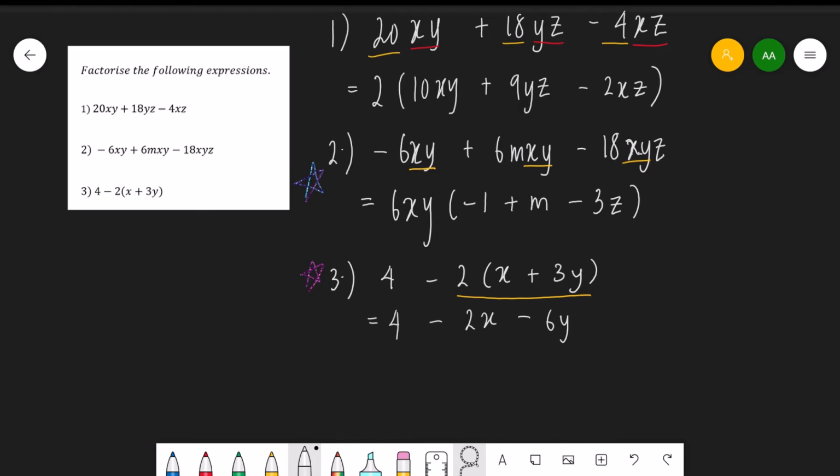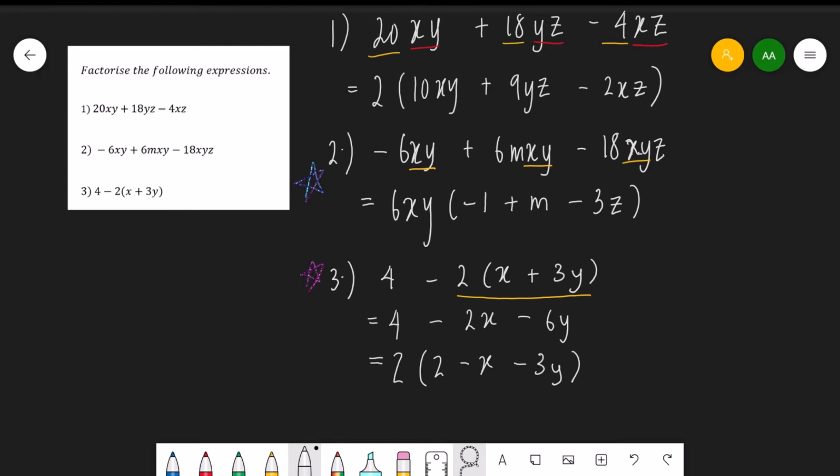Now we are going to compare all these three terms, and then we factorize them. In the end, I only have 2 as a common factor. So what we are left with is 2 minus x minus 3y. Okay, this is our final answer.